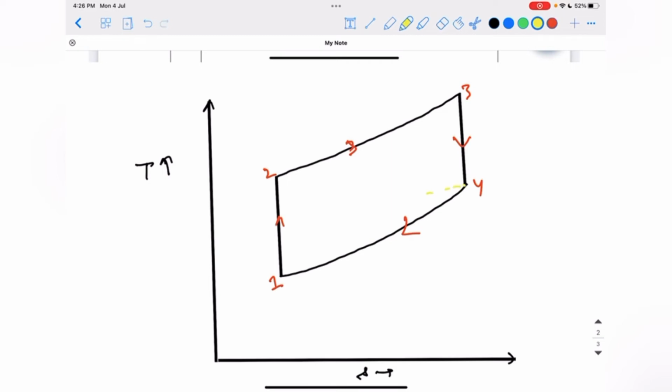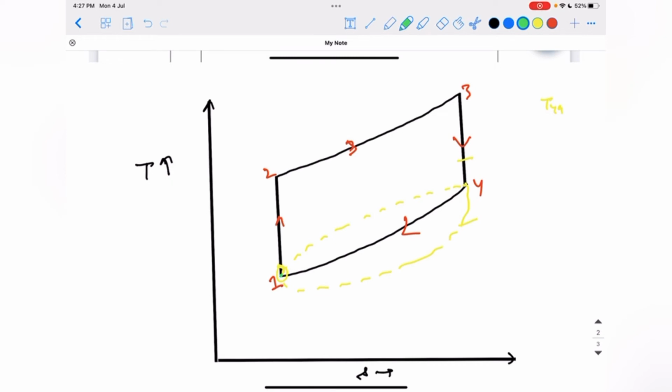Now the question is saying, if I replace this constant volume heat rejection process by a constant pressure heat rejection process, keeping this point 1 same, and if the temperature attained is T4A, what will be the position of T4A on this TS graph, whether it will go here or here? See, that depends on the slope of this constant pressure curve.